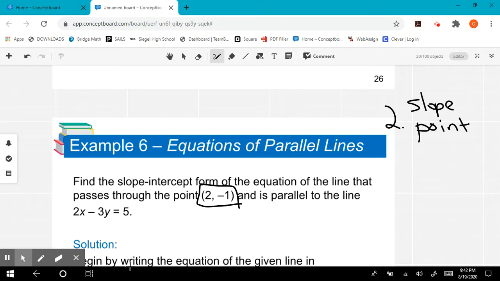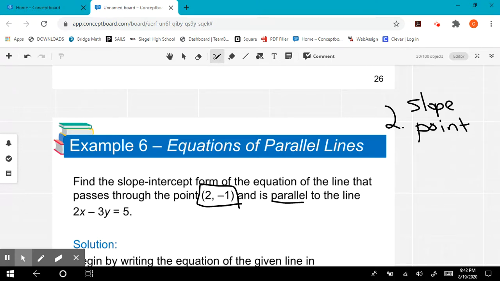Well, they don't give us a slope. They don't give us another point to find the slope with, but they tell us that it is parallel to this line right here. Well, what's the easiest way to find the slope if we're given an equation? This is close to general form, but it's not.